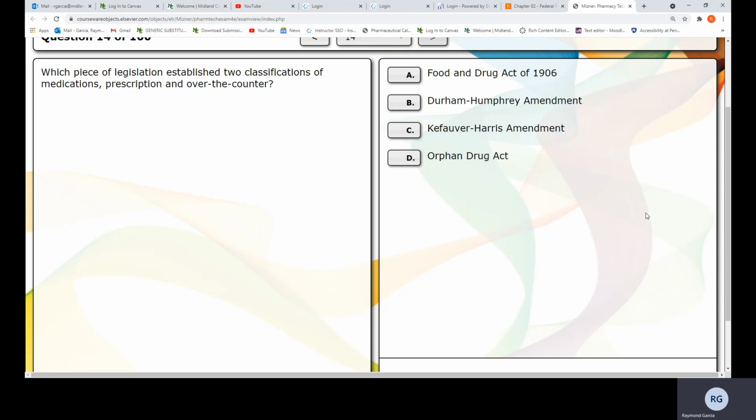I would have to go back and check on this. What's y'all's guess? The Food and Drug Act of 1906 was enacted to prohibit the interstate transportation or sale of adulterated and misbranded food or drugs.